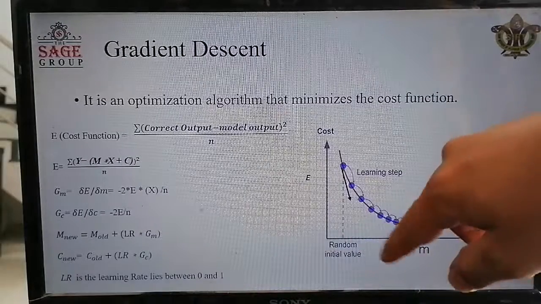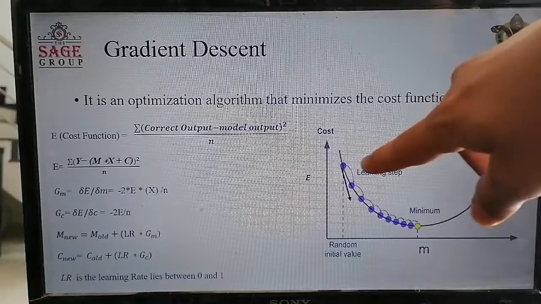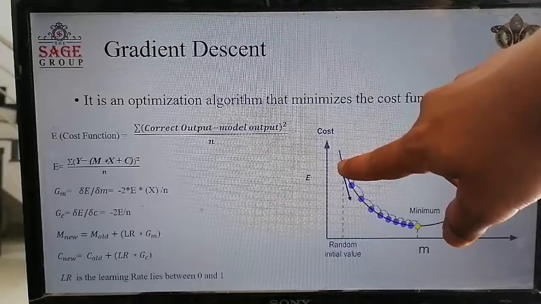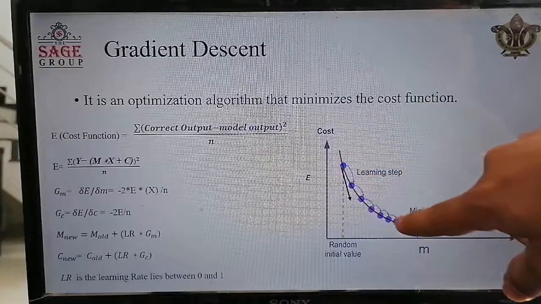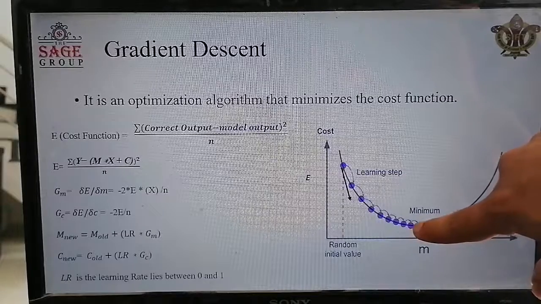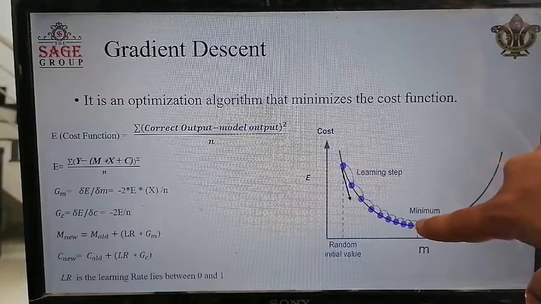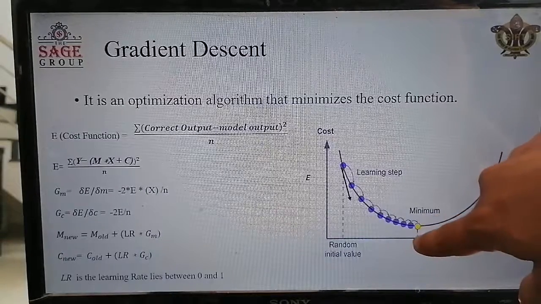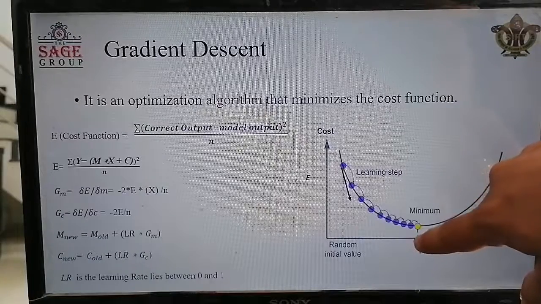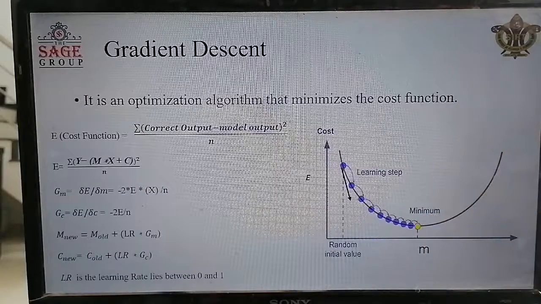Initially we initialize the value of m randomly, so the cost function will be higher at the start. Our task is to reach the bottom of the valley, the point at which the error or cost function is the minimum, and then note down the value of m at which the error is the minimum.